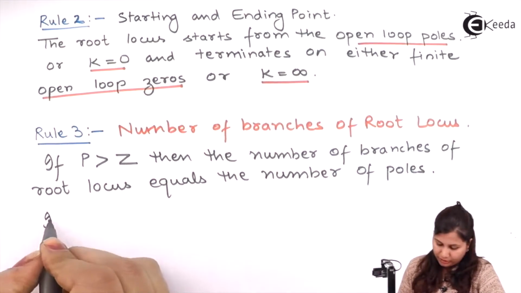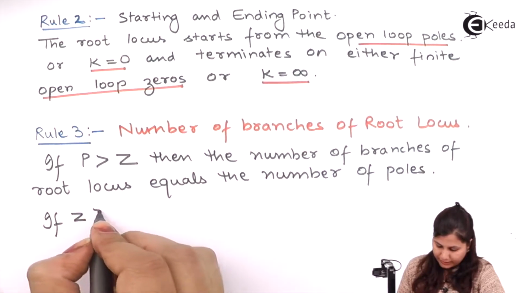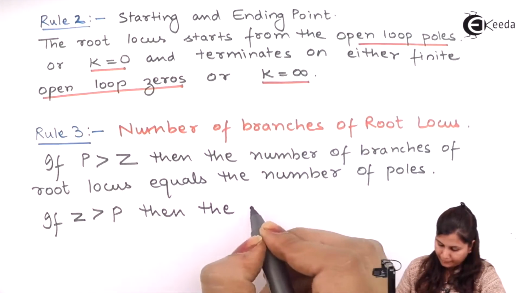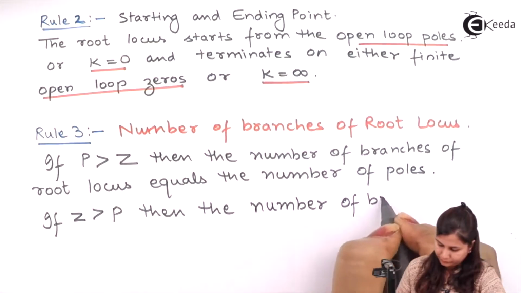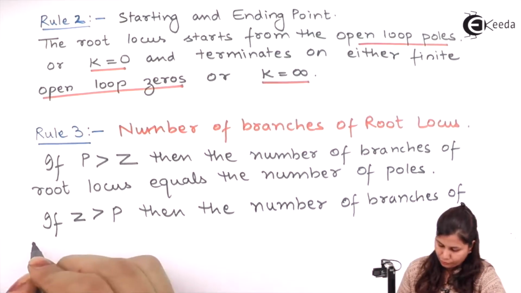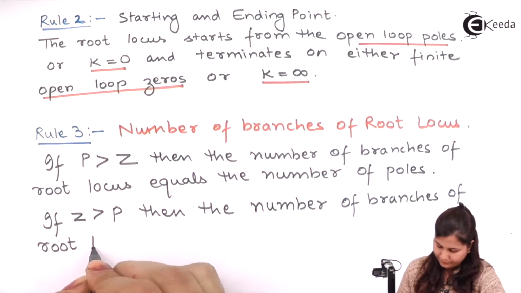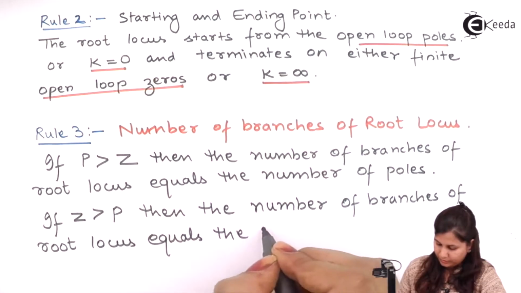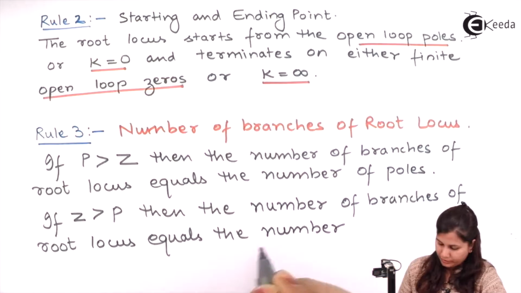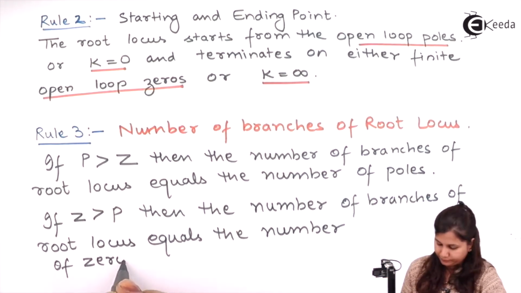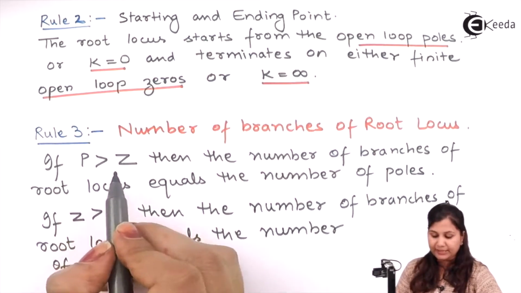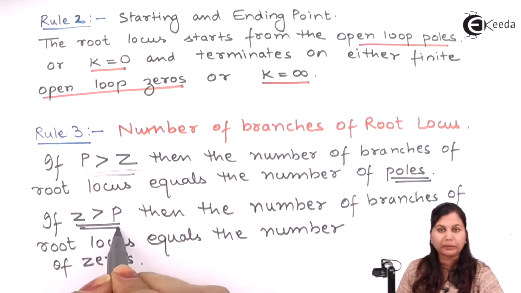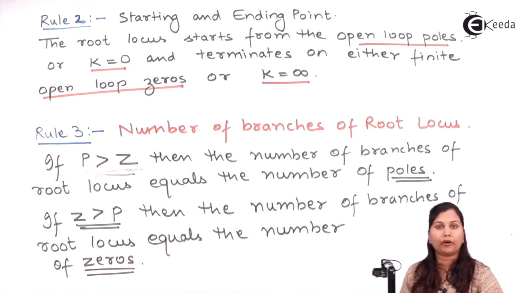Now if the number of zeros is greater than the number of poles, then the number of branches of the root locus equals the number of zeros. So if P is greater than Z, then the number of branches equals the number of poles. If Z is greater than P, then the number of branches equals the number of zeros.